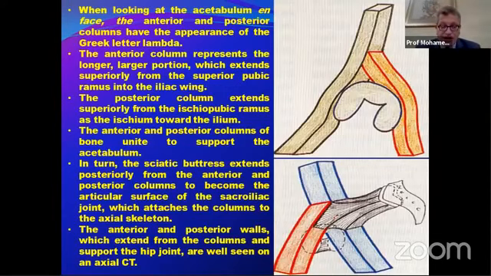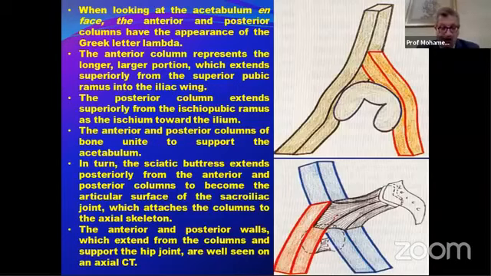The anterior and posterior columns of the bone unite to support the acetabulum. In turn, the sciatic buttress extends posteriorly from the anterior and posterior columns to become the articular surface of the sacroiliac joint, which attaches the columns to the axial skeleton.